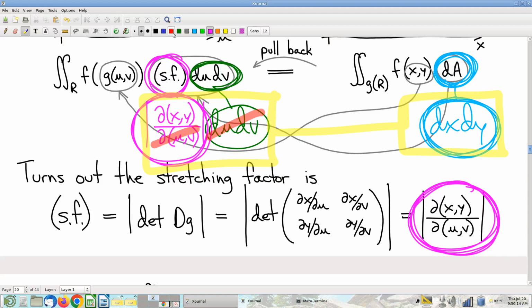And let me say it a little bit differently. If things line up in such a way that these appear to cancel, garbage though it is, then you have it set up correctly. And it's really easy to accidentally get your stretching factor put in backwards or on the wrong side.